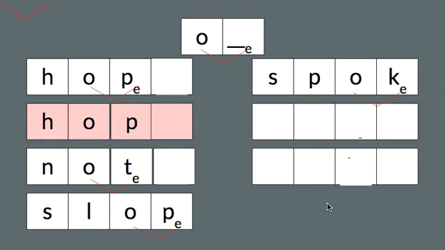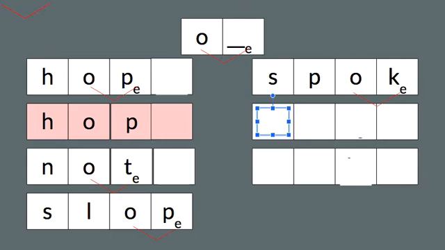The word is tote. Stretch it and write it. Tote. Let's see how you did. Tote has 3 sounds, T, O, T, and it has the long O sound followed by a consonant, so it follows our rule.